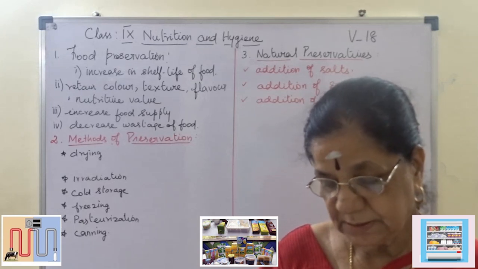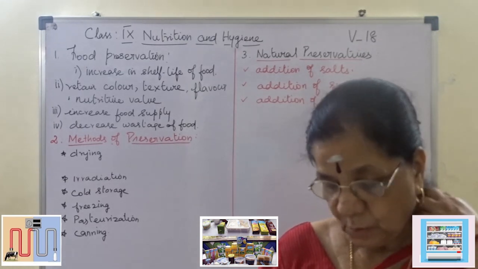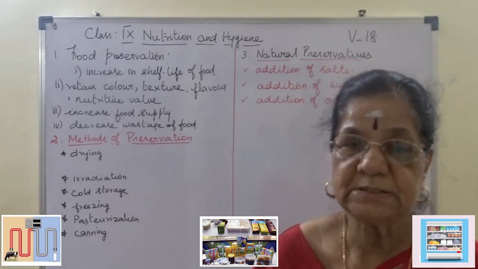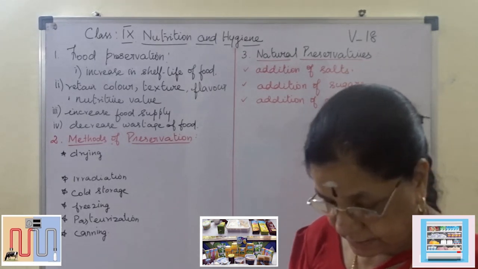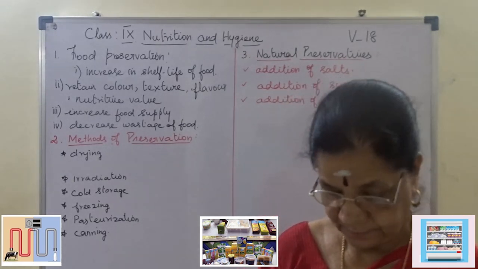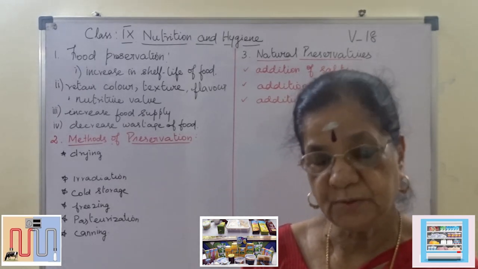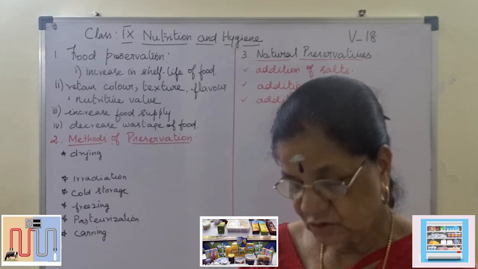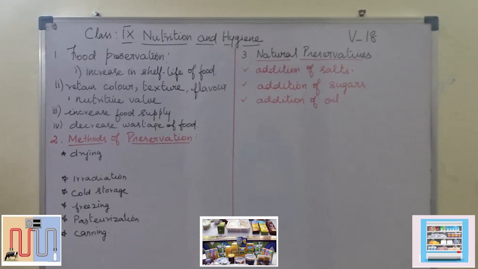So the hygroscopic nature of sugar or honey helps in reducing water content of food and also minimizing the process of oxidation of fruits. That is addition of sugar. Then addition of oil in the pickle prevents the contact of air with the food. Hence, microbes cannot grow and spoil the food. That is for the natural method of preservation. Are you clear?